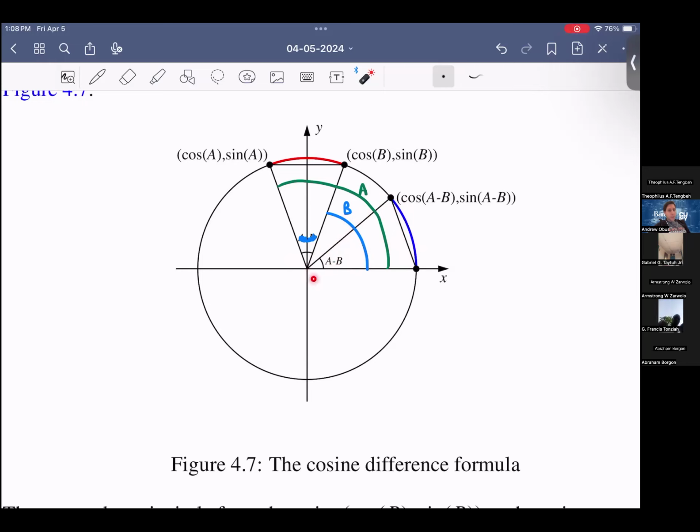It's just the rotation of this triangle over here.